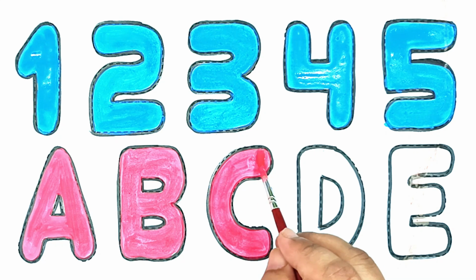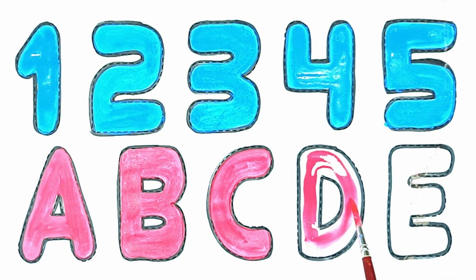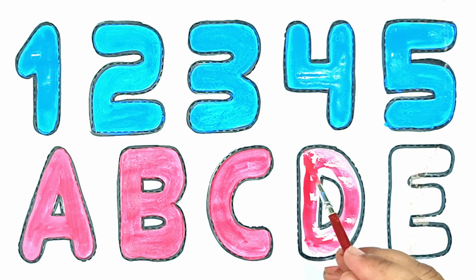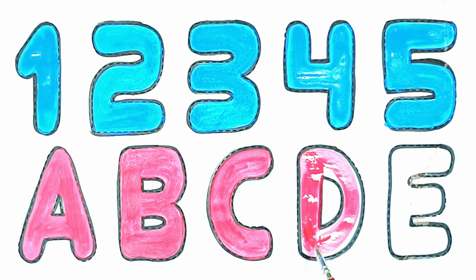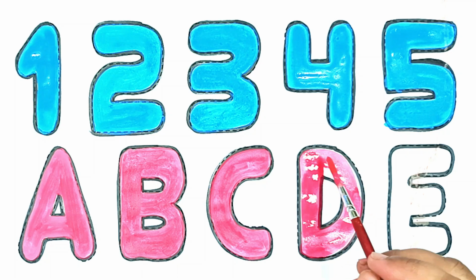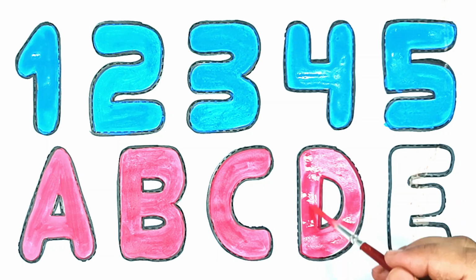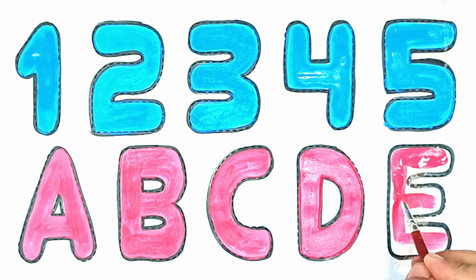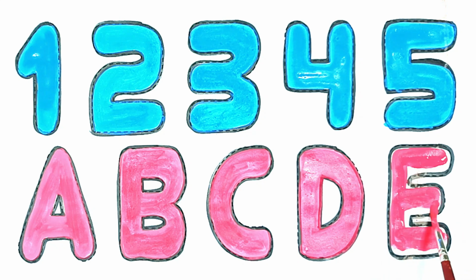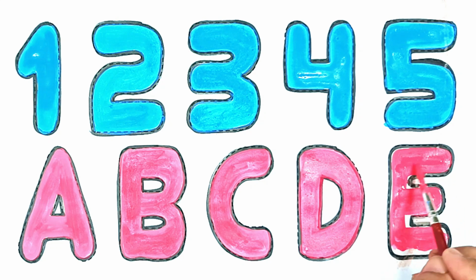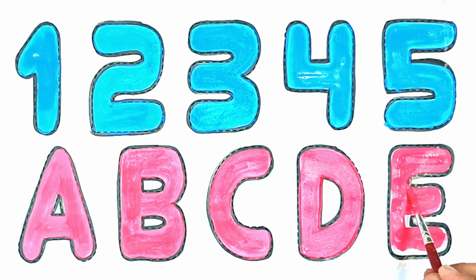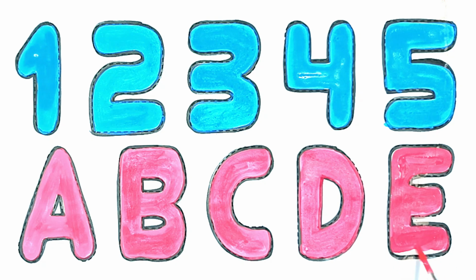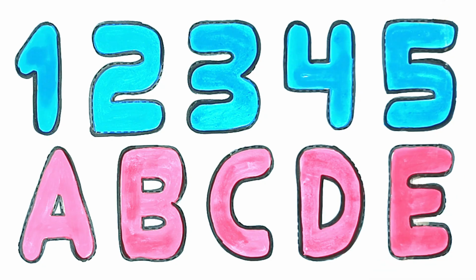It tells you the time. 'D' is for diamond. See how it shines. 'E' is for elephant. Bigger than me.